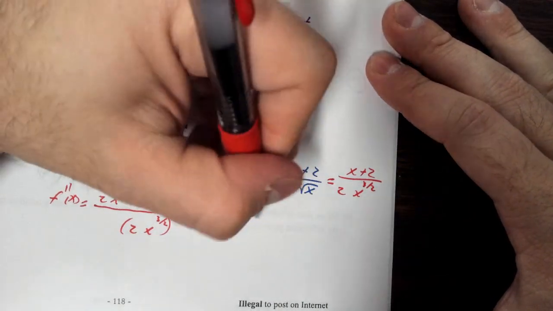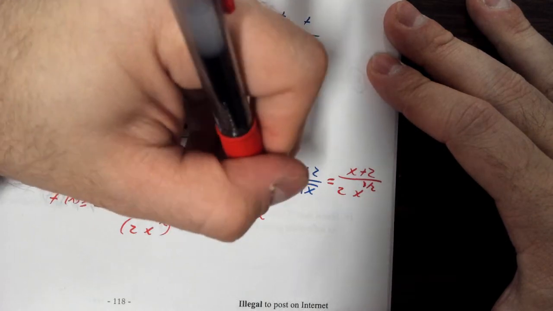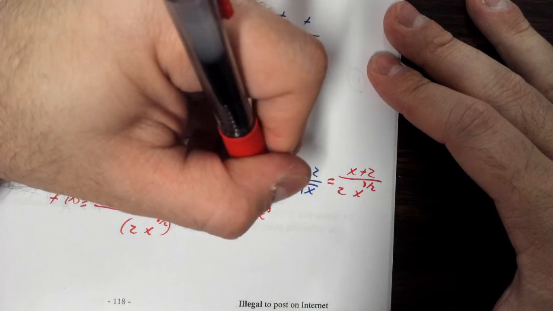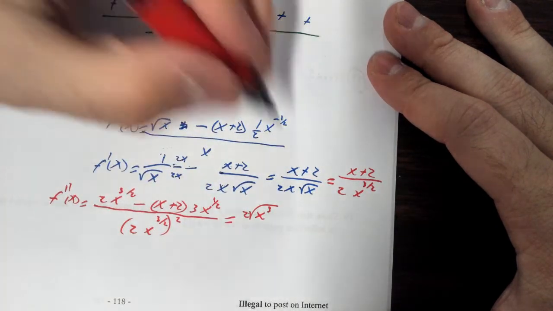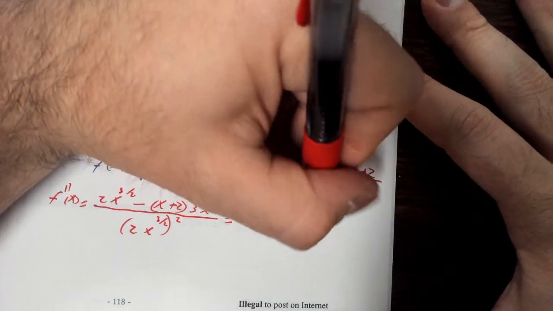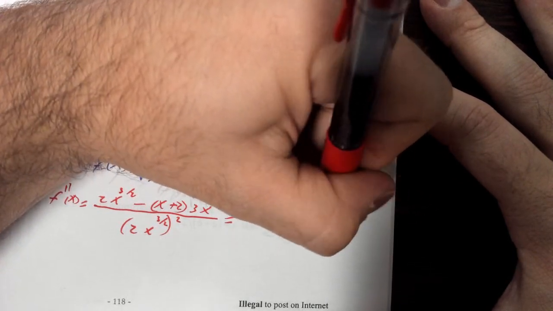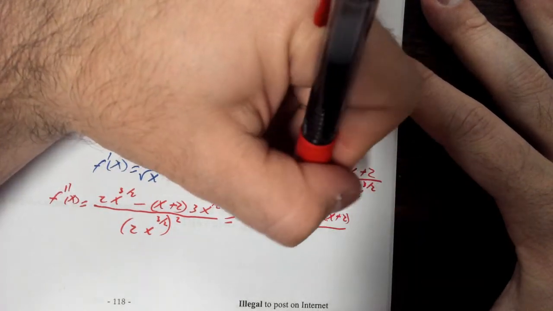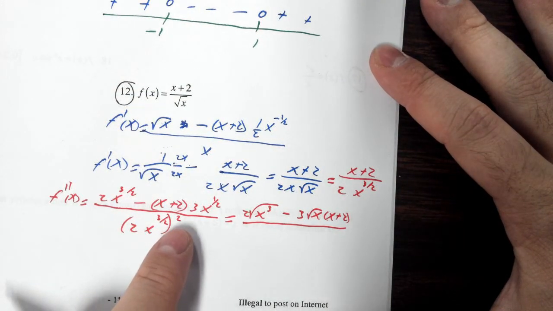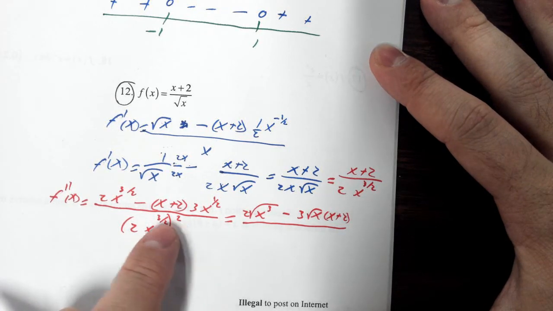Okay, so we have 2x to the 3 halves, x square root of x cubed minus 3 square root of x, x plus 2, over, when you square x to the 3 halves, those get multiplied.